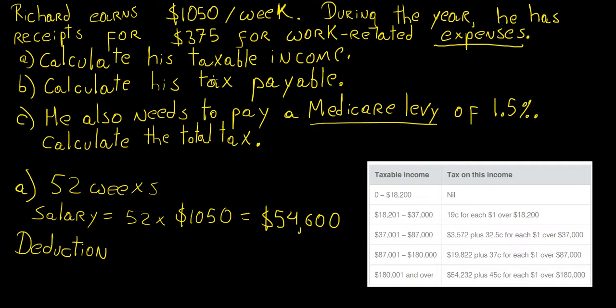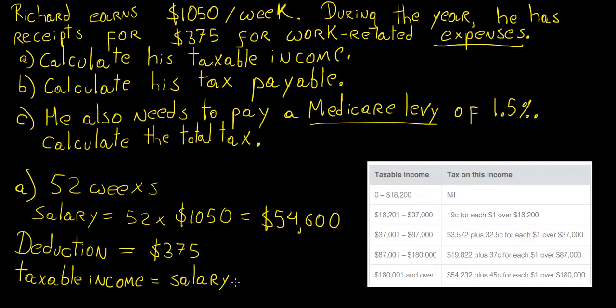And so there are certain things that you can often claim for tax deduction, so long as they're related to something that you actually really need. So in this case, the total deduction for the year is just $375. What that means is that the government cannot really tax you for this because you needed this for your work. So the taxable income is simply going to be the salary minus the deduction.